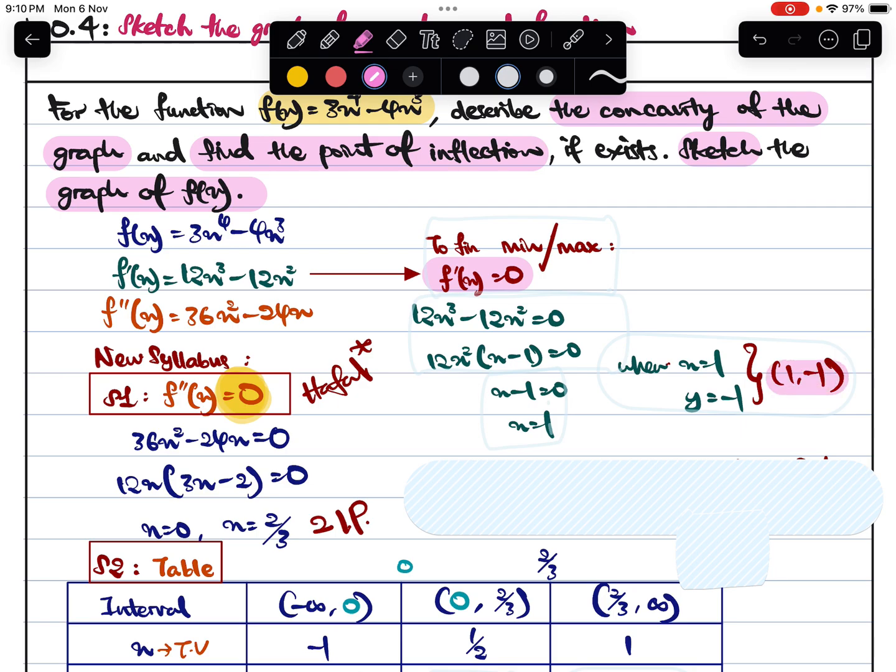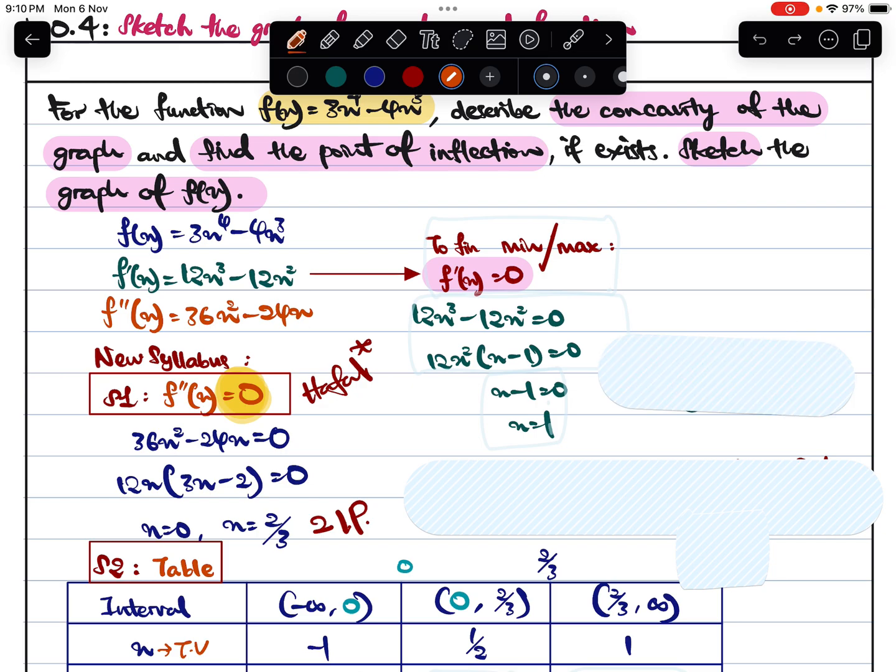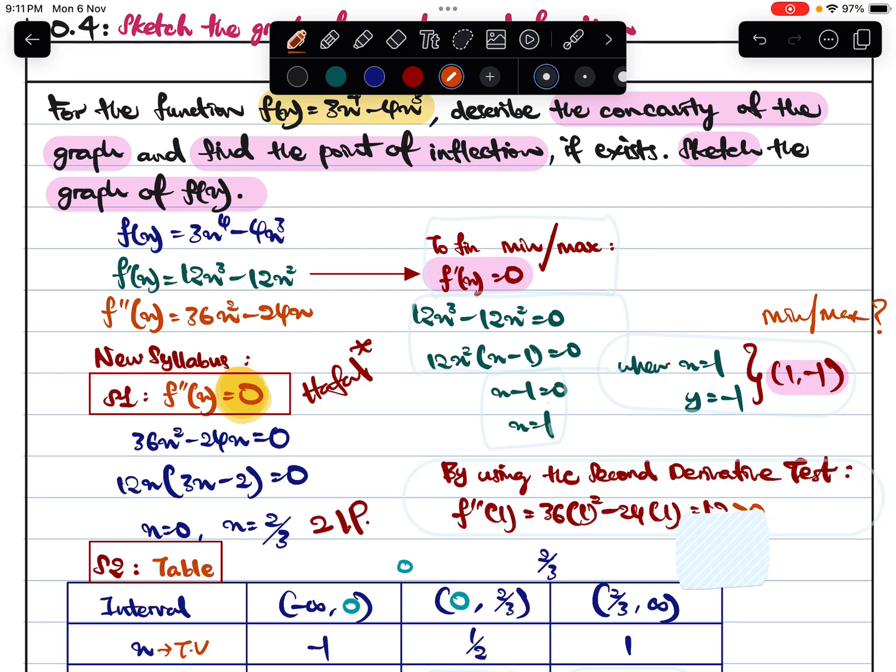But the thing is, with this coordinate, you do not know whether it's a minimum point or a maximum point, right? You do not know yet min or max until you do what? Until you do the second derivative test.